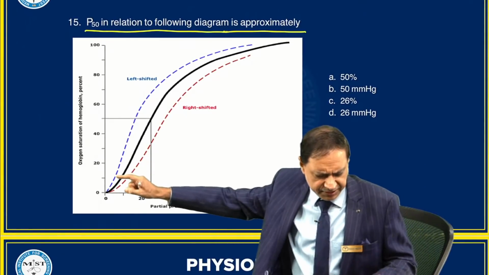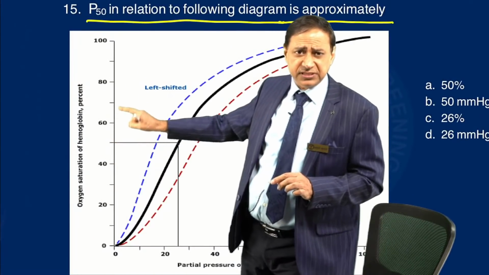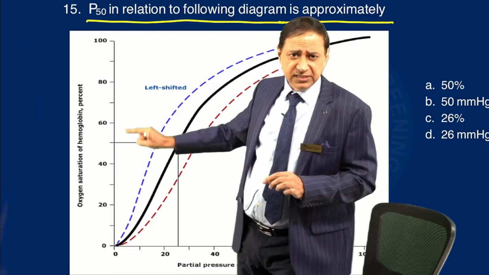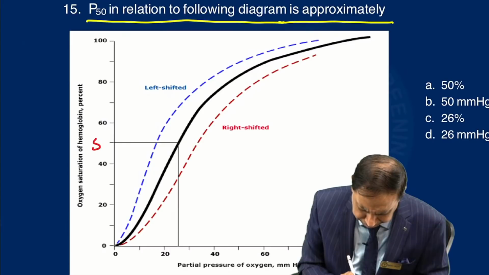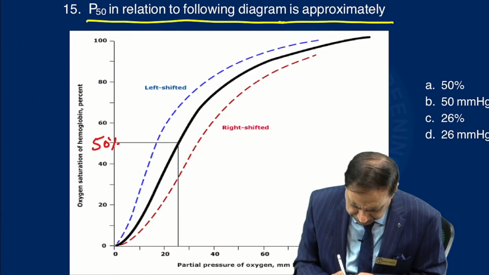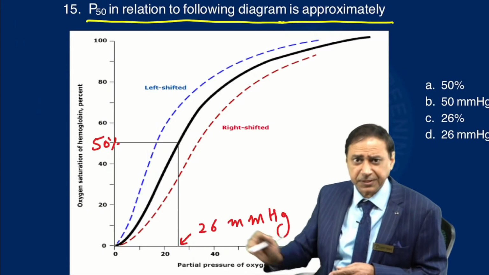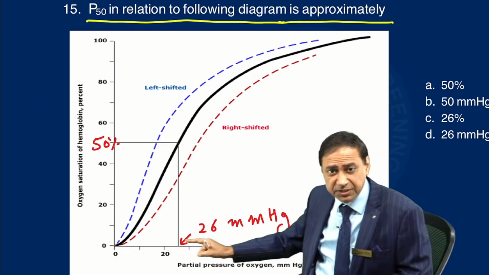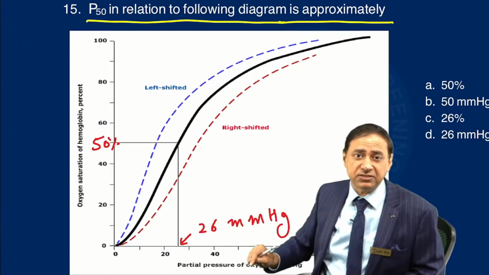This is the percentage saturation here: 20%, 40%, 60, 80, 100. For 50% saturation, at what partial pressure? This is 26 millimeter of mercury. So at 26 millimeter of mercury, roughly here, hemoglobin is 50% saturated.